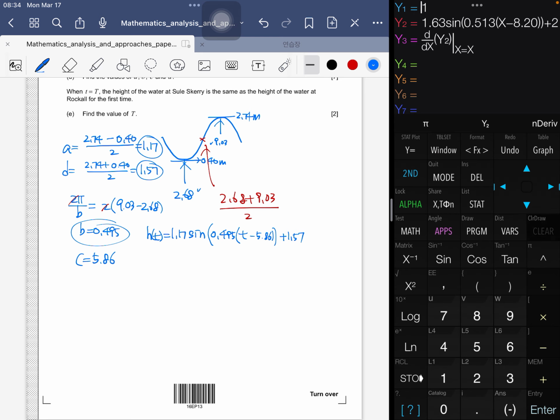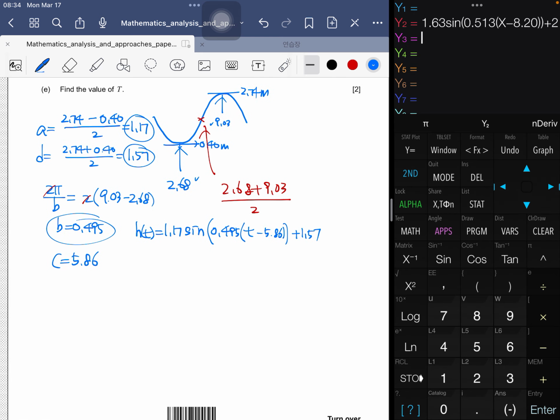Graphing 1.17 sine of 0.495 open parenthesis x minus 5.86 close parenthesis plus 1.57.